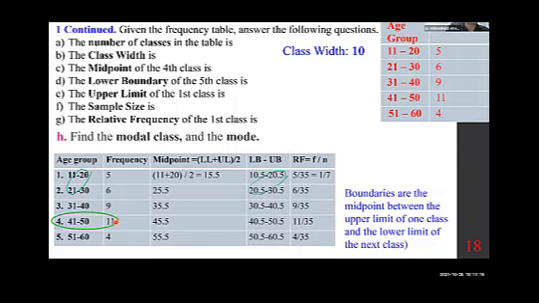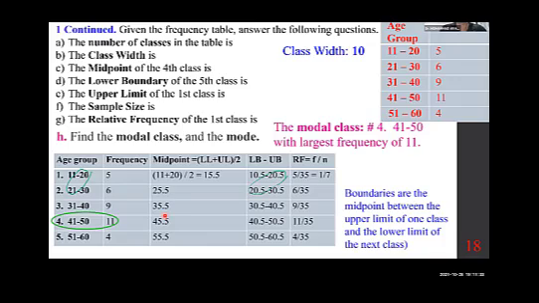Look for the largest frequency. Class number 4 from 41 to 50. And what is the mode? The mode is the midpoint of that class. So the modal class is number 4 because it has the largest frequency of 11, and its midpoint is the mode.